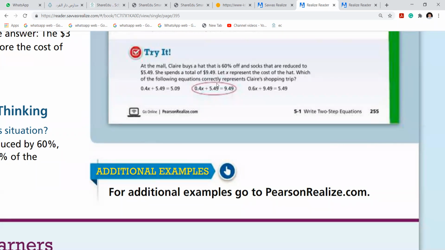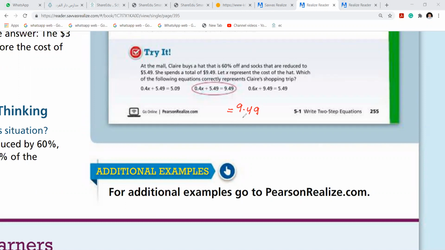She spends total. Total I have to write always after the equal to sign. See girls here. She spends total how much? She spends total 9.49. Okay, I write here 9.49.